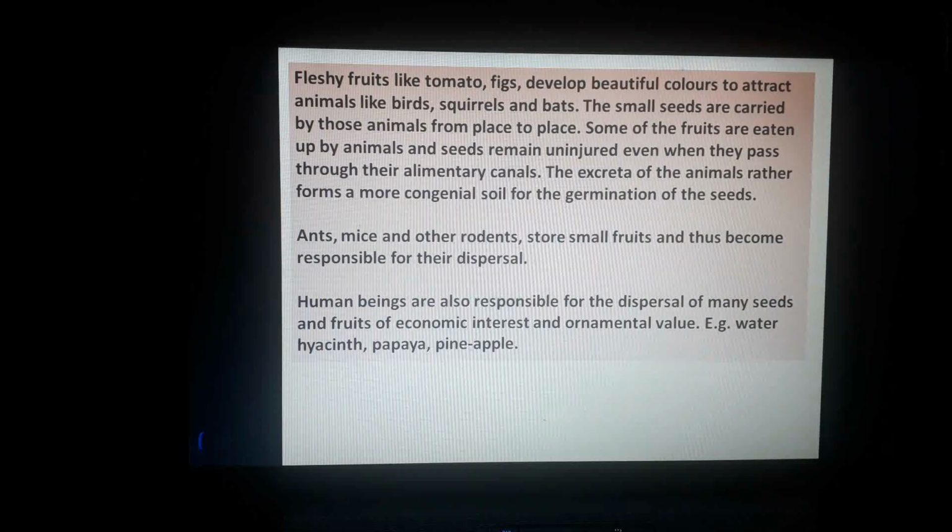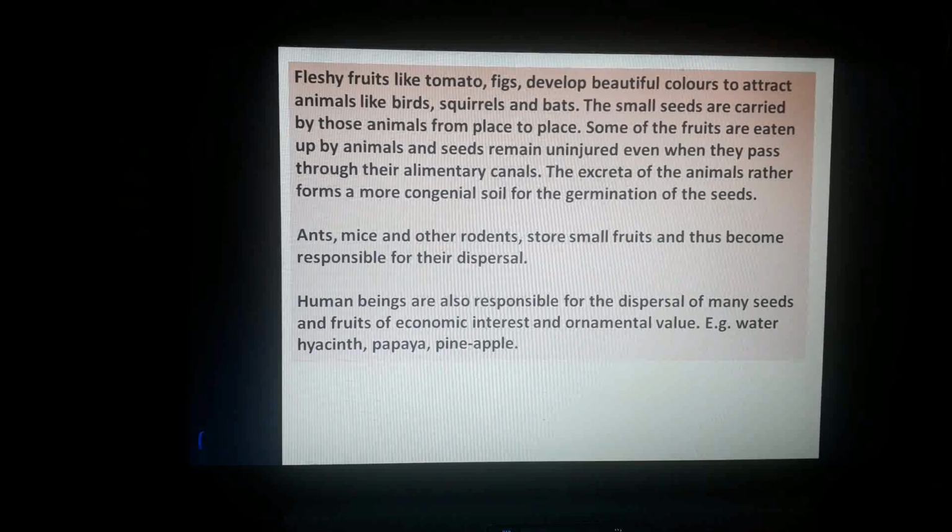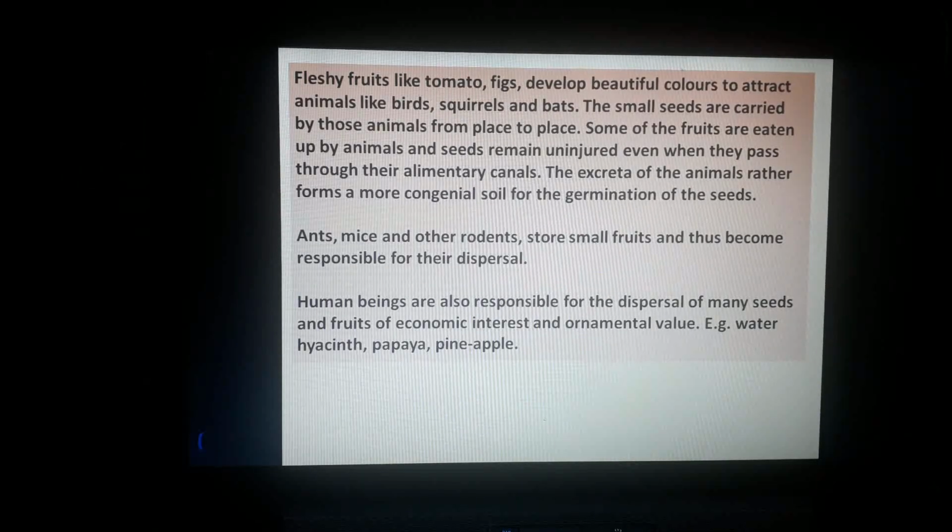Last but not the least, human beings are also responsible for the dispersal of many seeds. Many seeds are also passed through our alimentary canal, and sometimes with the economic interest or through the ornamental value, we disperse the fruits and seeds to the longer distances.